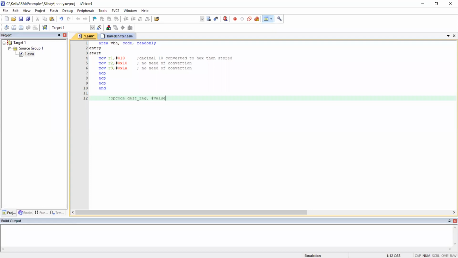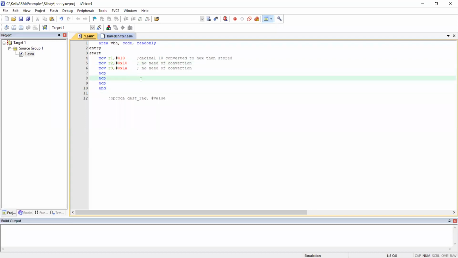We'll continue now. As I mentioned here, opcode, destination, and register. Now, here are some comments I have written. Move R1 comma hash 010. That's one point. Second point, move R2 comma hash 0x10.